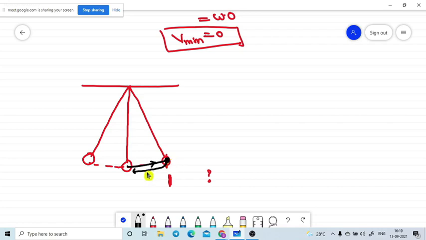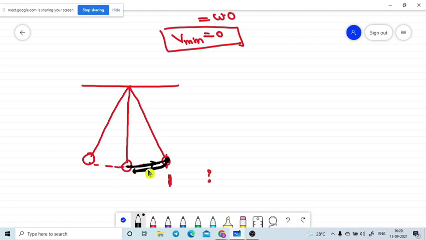I am repeating this once again. See, the particle is moving from its mean position, so when the particle is moving towards the maximum position, the direction of the velocity is towards the right. But when the particle is coming from the maximum position to the mean position, the velocity of the particle is towards the left.